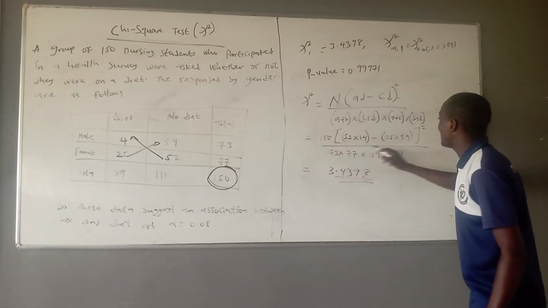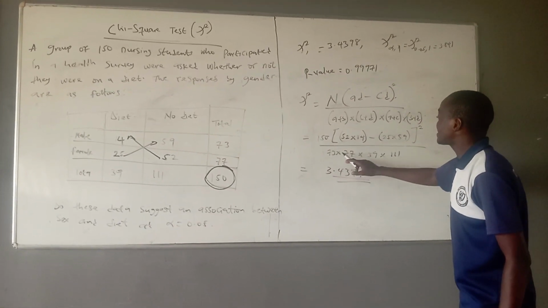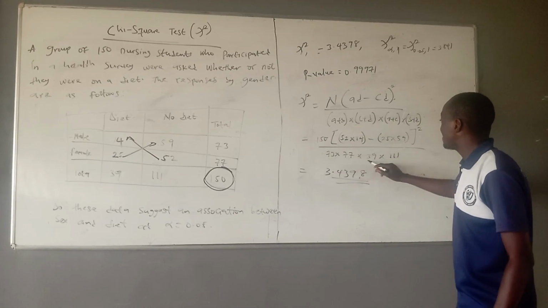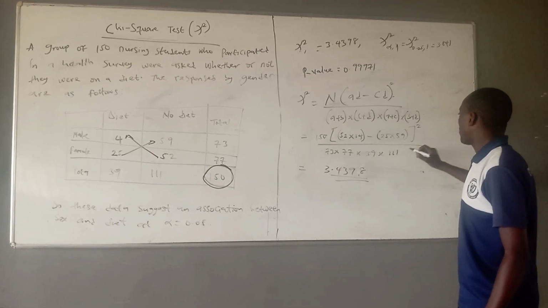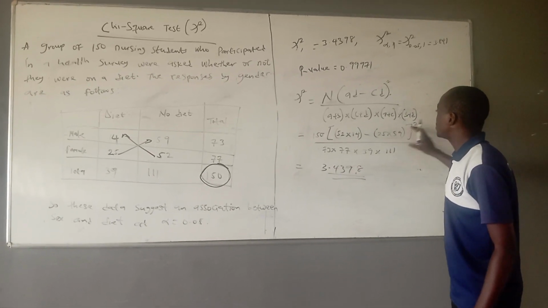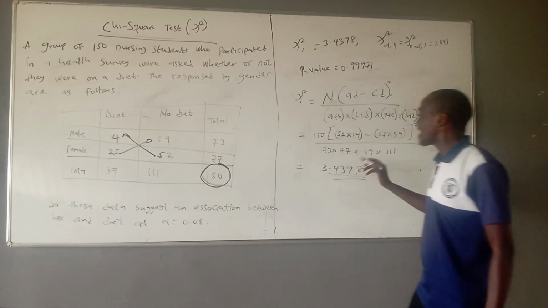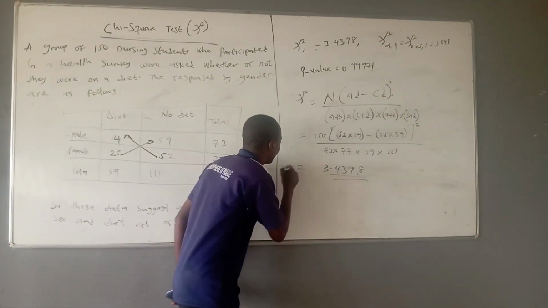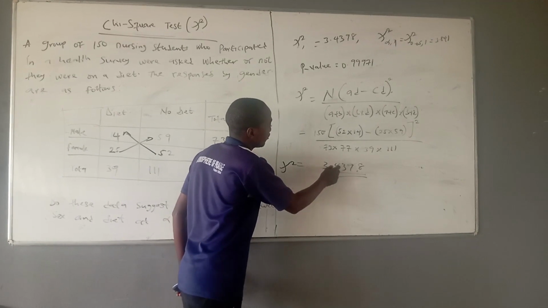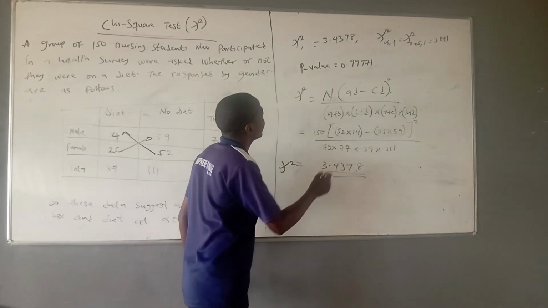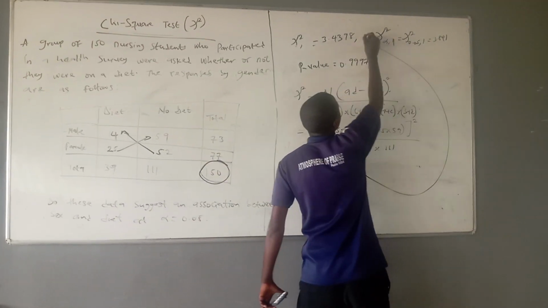Then divided by 73 times 77 times 39 times 111. By the time we work this out, we are going to arrive at the calculated chi-square value to be 3.4398, which is the same thing as the previous one.